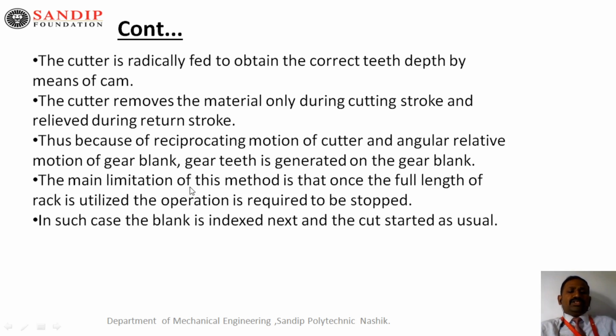The main limitation of this method is that once the full length of the rack is utilized, the operation has to be stopped. In such a case, the blank is indexed and the cut is started as usual. This is the process of rack cutter gear shaping.